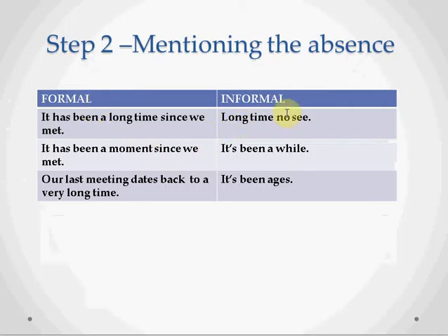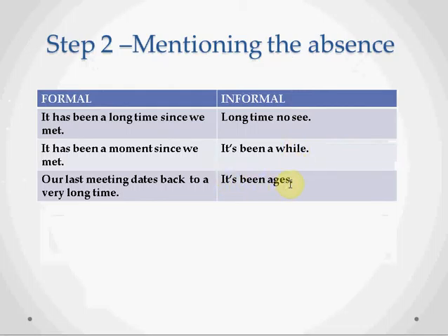If we're talking to a very good friend, we wouldn't use the same language. We would use an informal language. We would say something like, long time no see. This is a sort of an incomplete sentence, okay? It's long time no see, or it's been a while. A while is a synonym of a moment. It's been a while. It's been a moment.